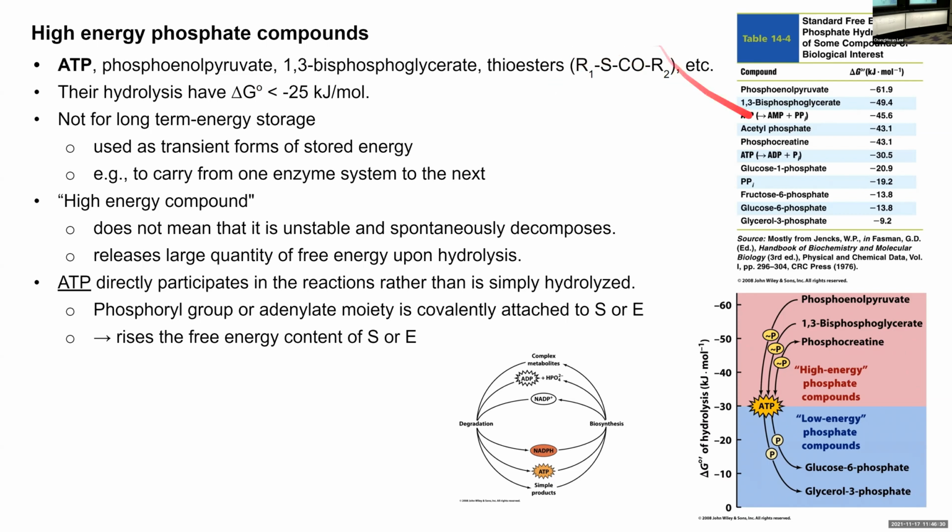Commonly, they all have a highly negative delta G value. As you can see here, ATP breaking down to ADP and inorganic phosphate has a delta G of negative 30.5. So it's highly negative, meaning what? What does a negative delta G value mean?